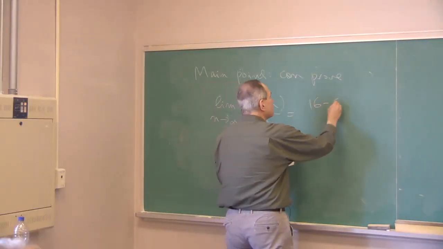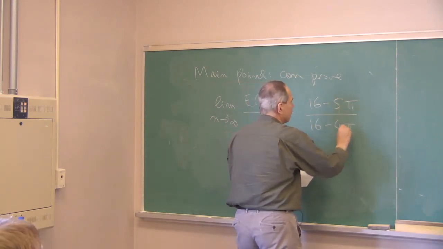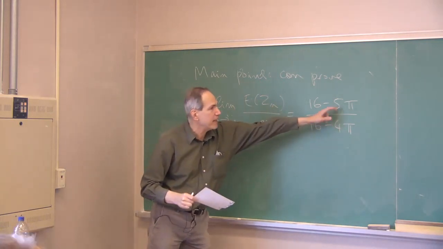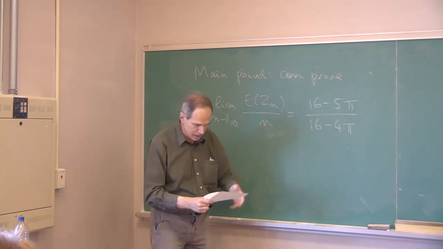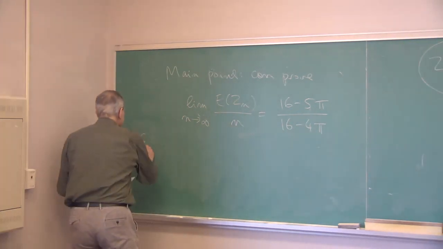It is 16 minus 5 pi divided by 16 minus 4 pi, where pi is 3.1415, etc. Pi is no longer a partition here. It's the number.